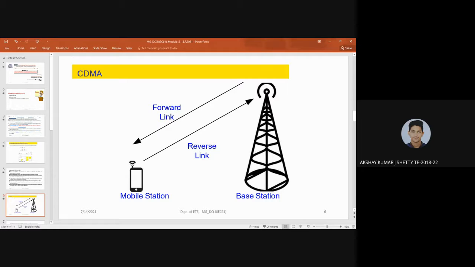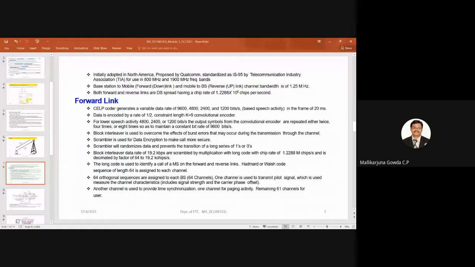So now let me discuss this forward link as well as the reverse link. This IS-95 was adopted in North America initially, and it was proposed by Qualcomm.